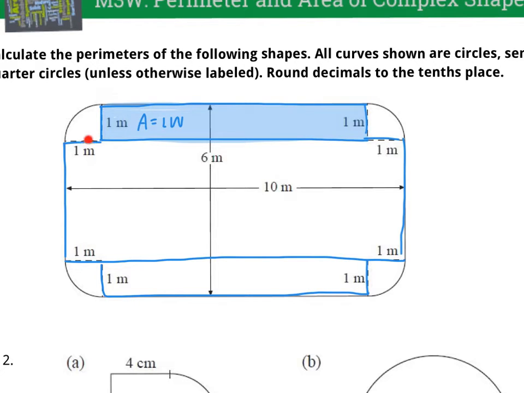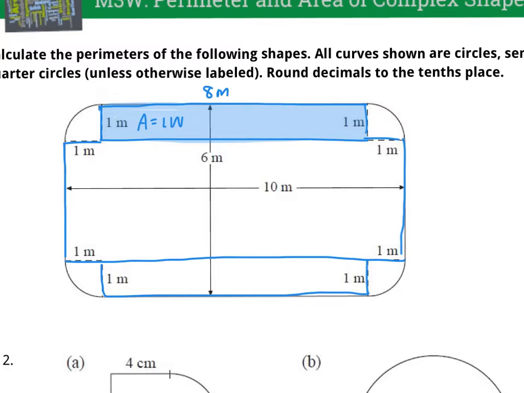I know that there's this little 1 meter piece on the left and a little 1 meter piece on the right that I'm thinking about. It's like I'm cutting that off. It's part of the circular corner of the piece. So what that leaves me with is 8 meters for the length of that long side.